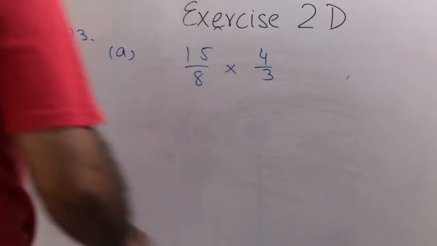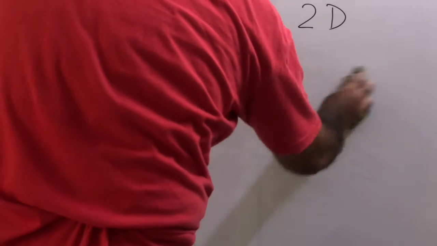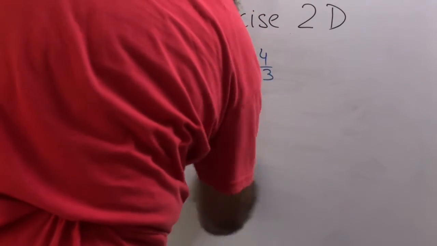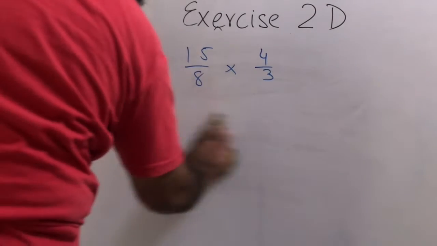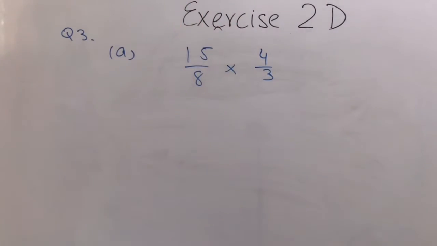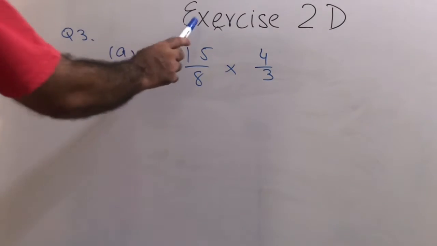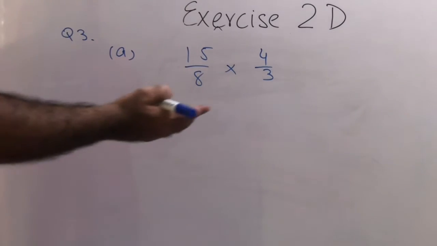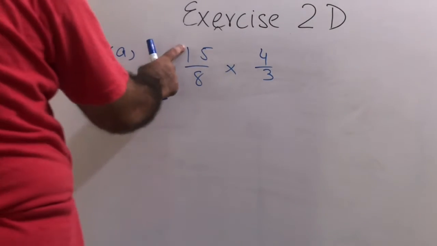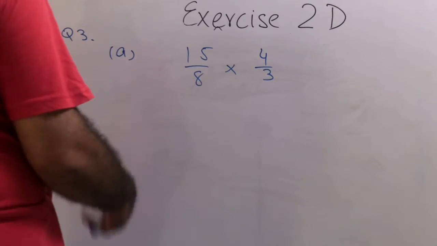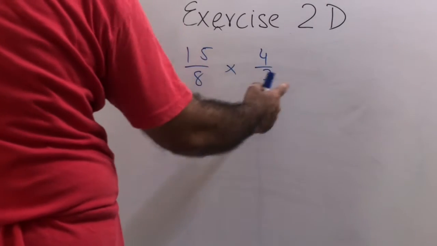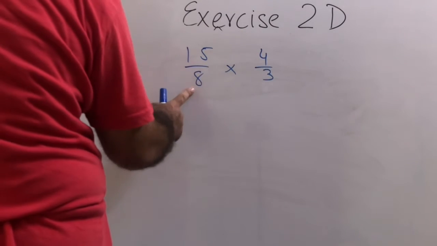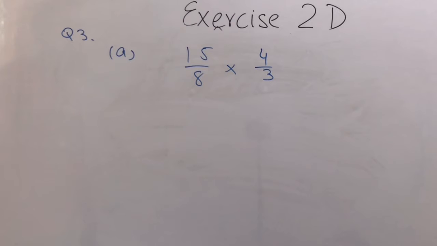Here you need to learn one thing: when we are multiplying fractions, any of the numerators can be divided by any of the denominators.